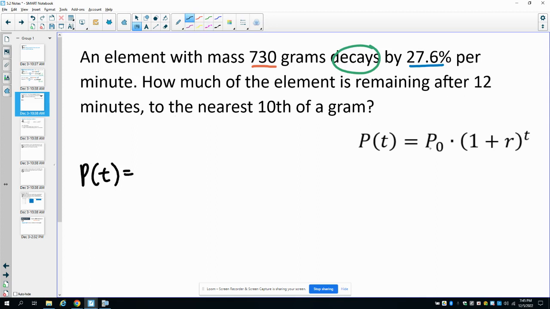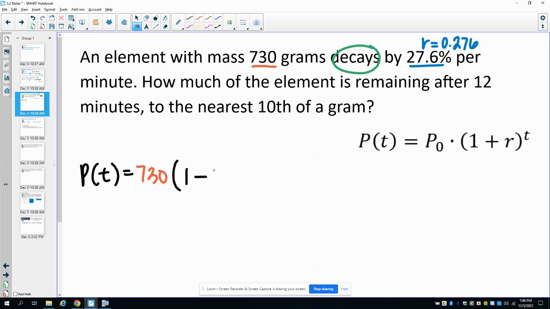So P of t equals the initial value, which is 730 grams, multiplied by 1 minus the rate since it's decaying. Make sure you do your rate as a decimal, so 0.276.